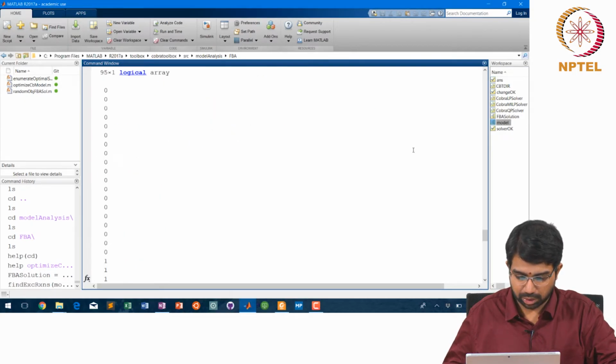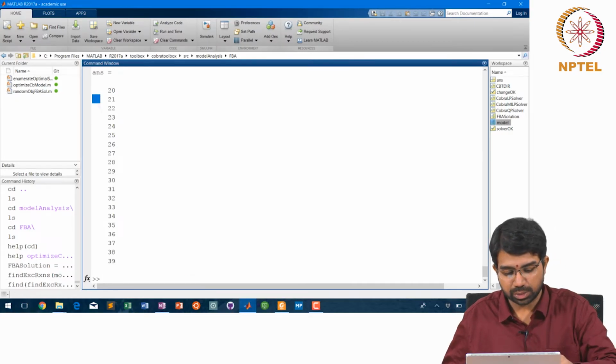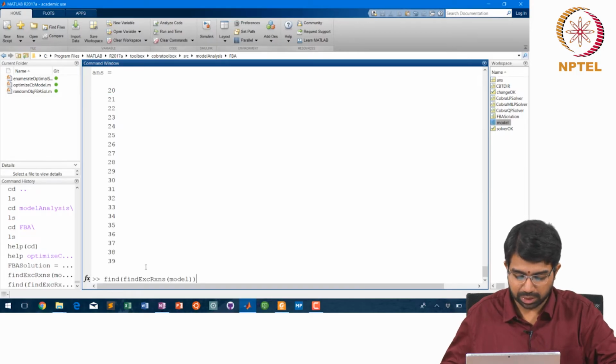So, this tells you what are all the exchange reactions in the model, and if you say find, it turns out that reactions 20 to 39 are all exchange reactions. So, let us look at what these reactions are.